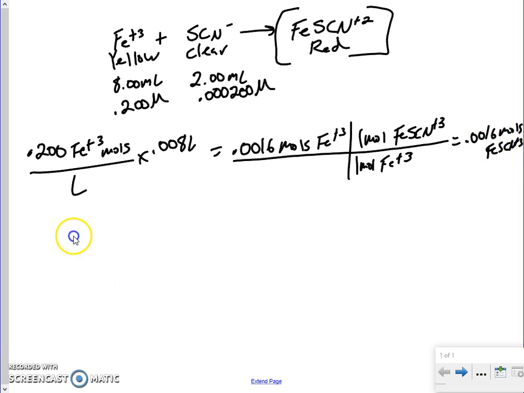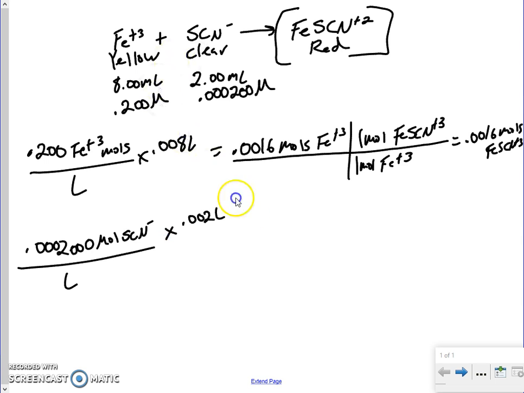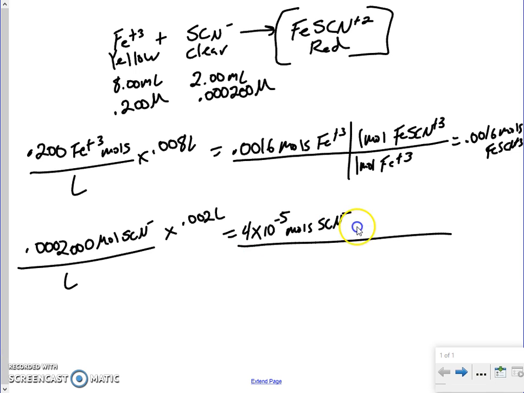Okay, now we have to do it for the other guy. Same thing. 0.0002 molar, and hopefully we actually see the math here and automatically know who's going to be our limiting reaction, but that's okay. We'll just go ahead and do it. Per liter times 0.002 liters, because we have 2 milliliters. And that's going to give us a total of 4 times 10 to the negative 5th moles of our thiocyanate ion.